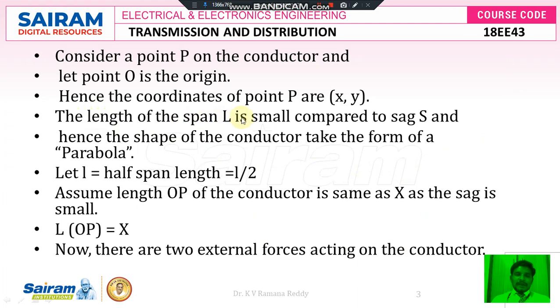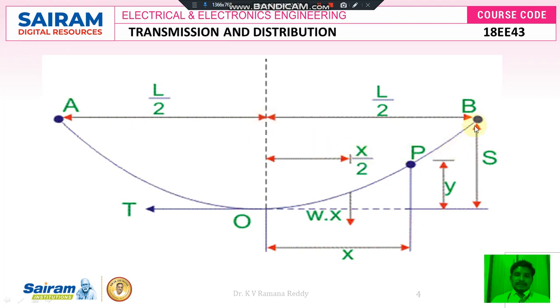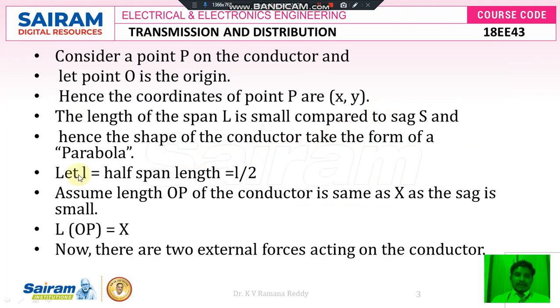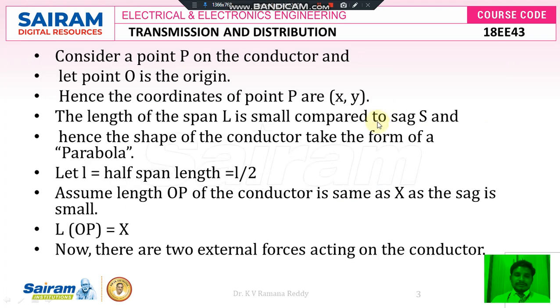The sag is small compared to the actual length of the conductor, and L by 2 is the half span from the midpoint, and from the midpoint to tower B, another length L by 2.